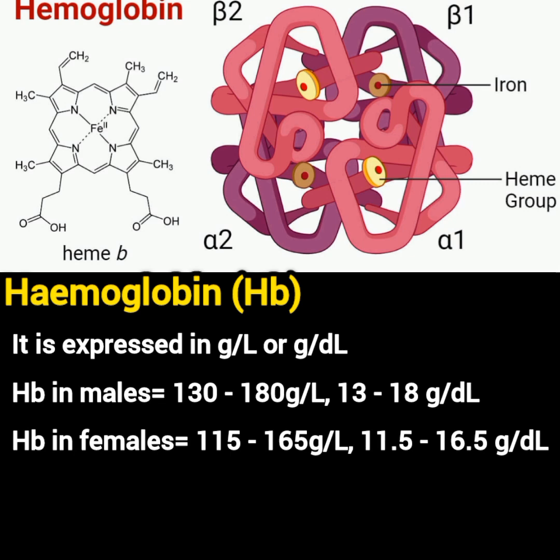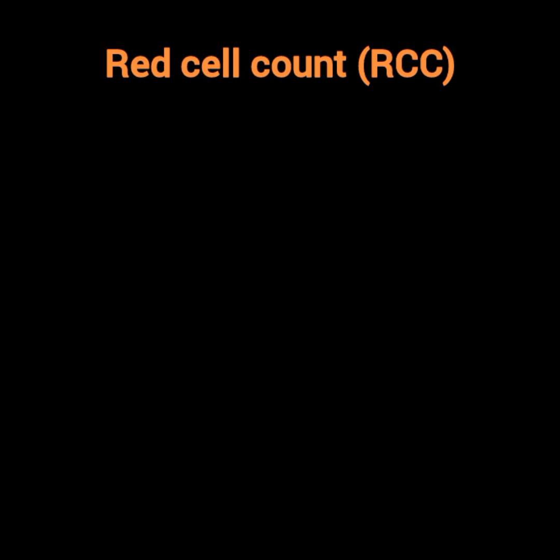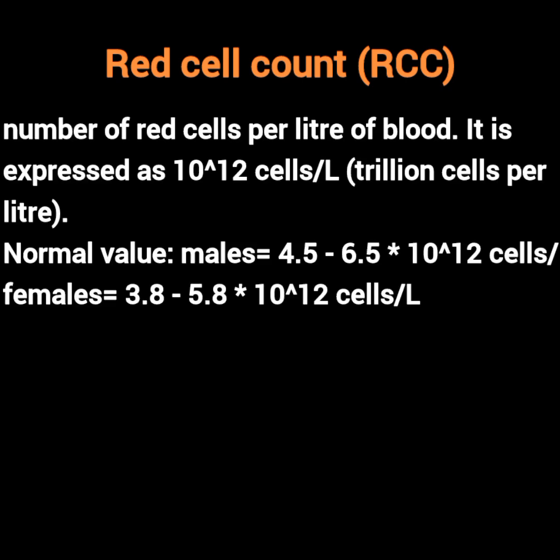The red cell count. The red cell count is the number of red cells per liter of blood. It is expressed as 10 to the power 12 cells per liter. In other words, trillion cells per liter.